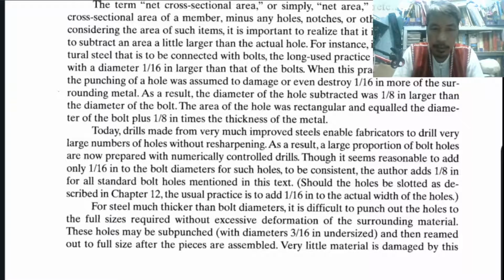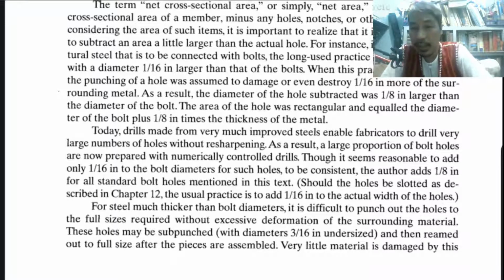Today, drills made from very much improved steels enable fabricators to drill very large numbers of bolts without resharpening. As a result, a large proportion of bolt holes are now prepared with numerically controlled drills, much in the same manner as CNC machines.